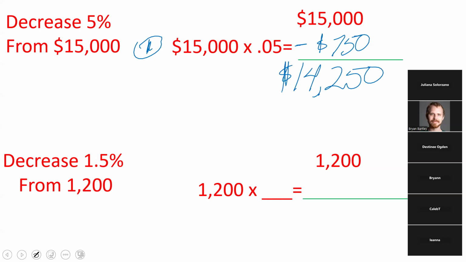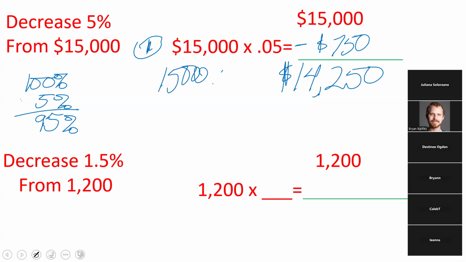Do you think my shortcut works on decreasing as well? Yeah. Okay, if we start with 100% and we're decreasing by 5, what do we get? 95%. Okay, as a decimal, 15,000 times 0.95 is equal to 14,250.